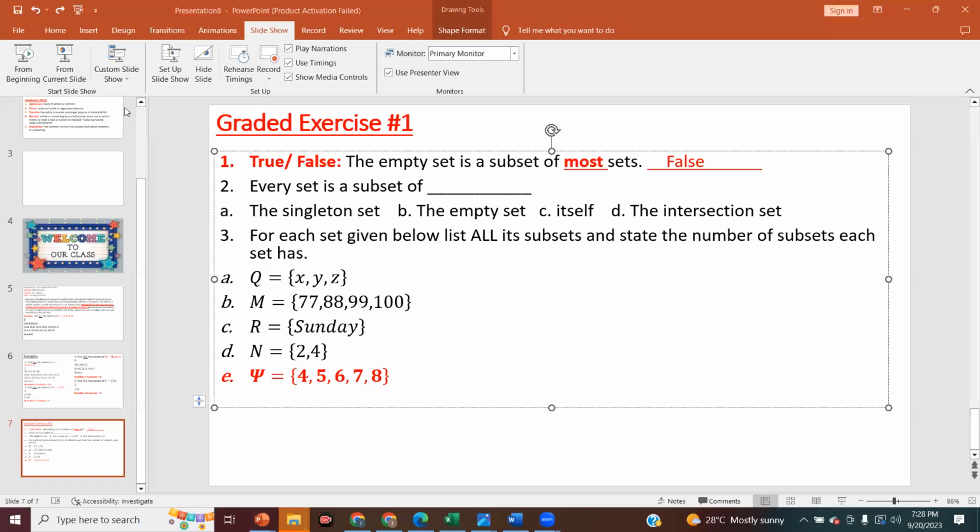Every set is a subset of: A, the singleton set; B, the empty set; C, itself; or D, the intersection set. I put itself. Anyone else puts itself, or you put something different? Itself. Very good. Every set is a subset of itself.